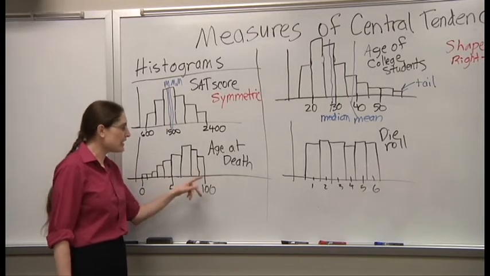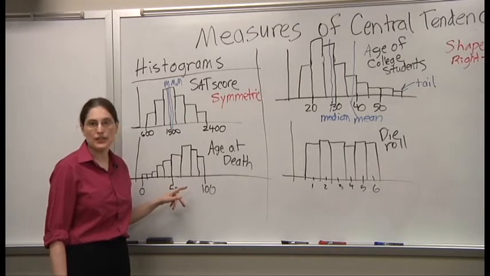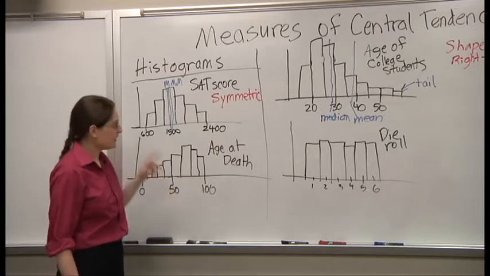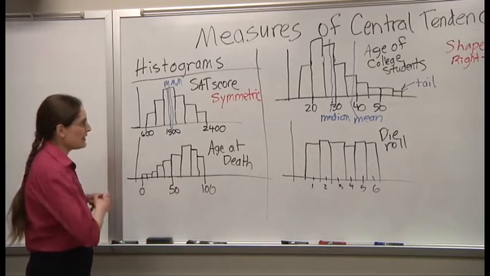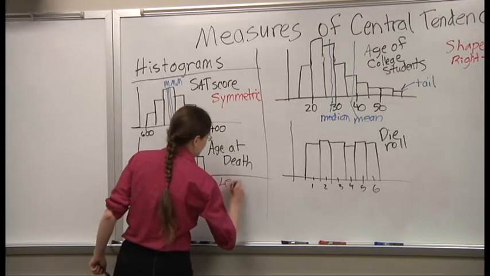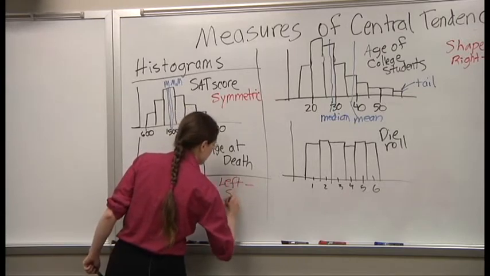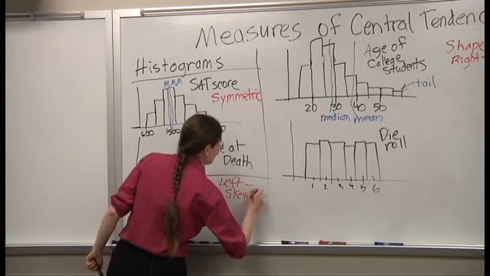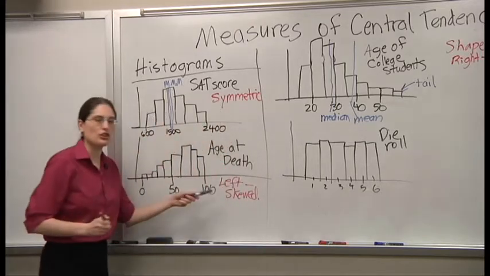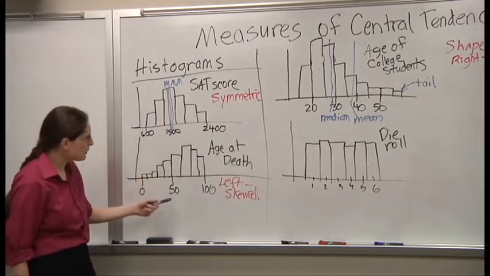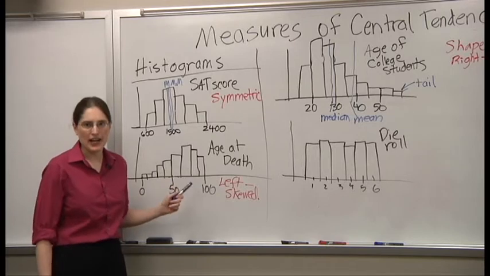Most people die somewhere between the ages of 50 and 100. Age at death is left skewed. Most people get old and then die.